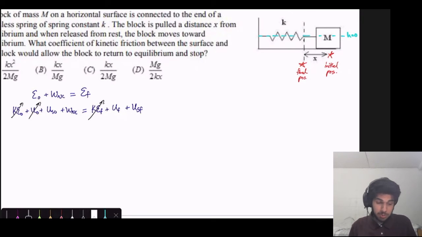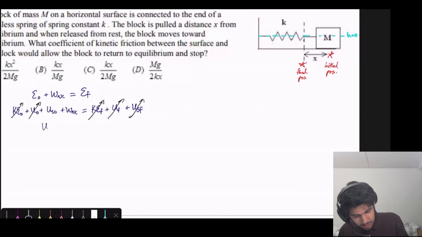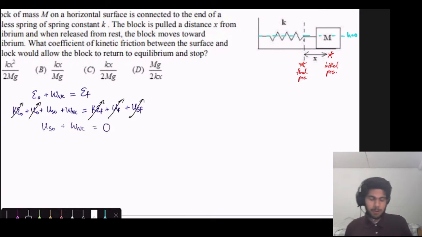Well, at the final position, we're still at h equals 0, so that also goes to 0. What about spring potential energy finally? Well, if we're at the equilibrium position, we're not displaced from it. That value of x will be equal to 0. So that means there's no spring potential energy either. So that goes to 0, which means we're left with U_s0 plus work non-conservative equals 0.